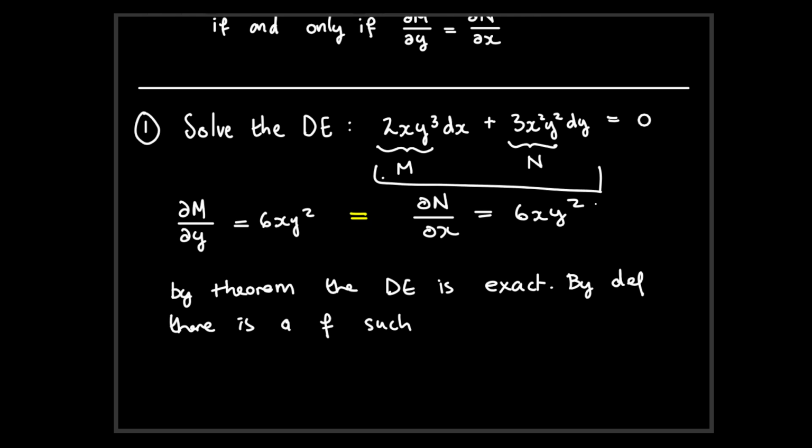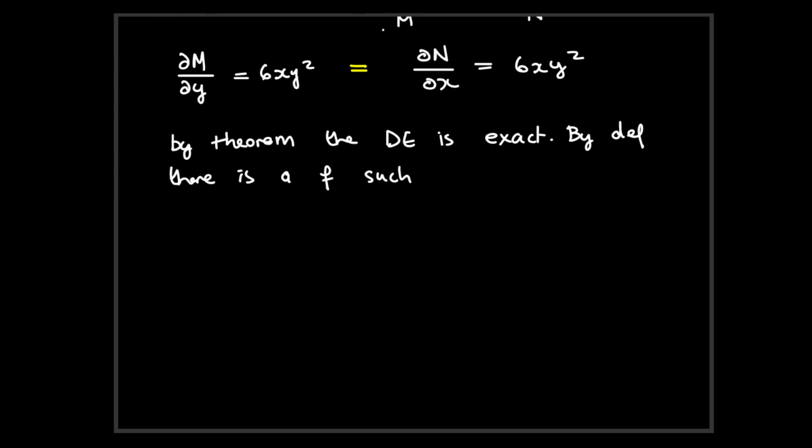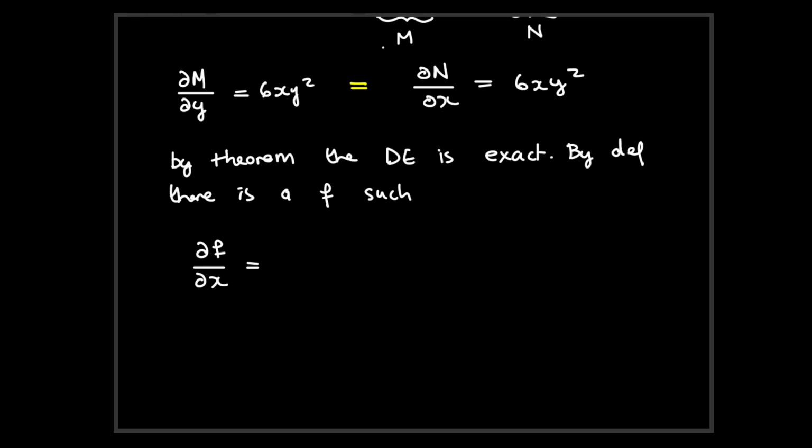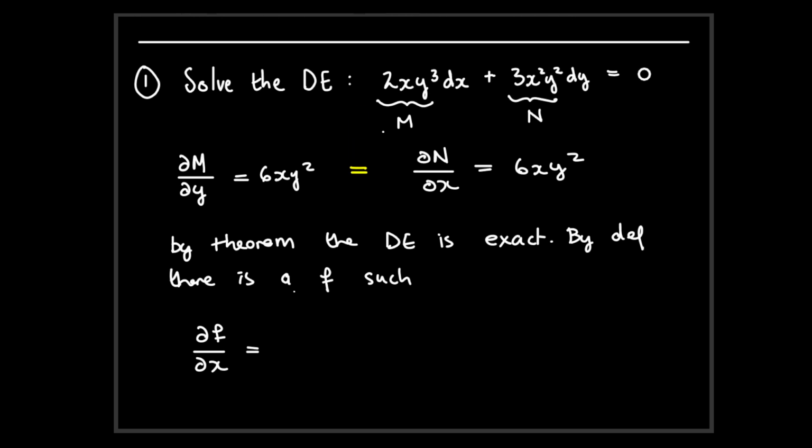That's what it means. In particular, if I take the partial derivative of f with respect to x, I just get M, which in this case is 2xy cubed. And if I take the partial derivative of f with respect to y, I get exactly 3x squared y.